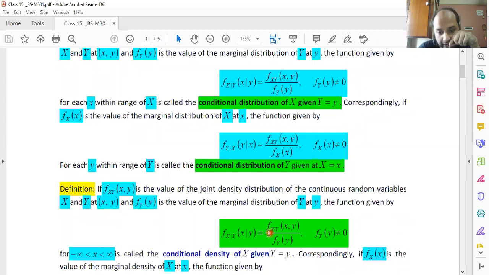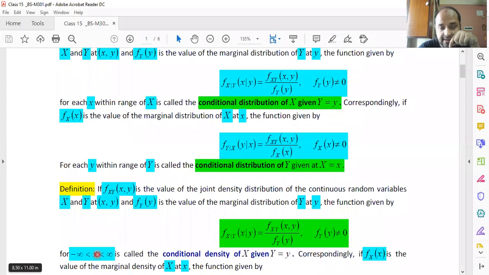But after that, I have mentioned that your small x has values from -infinity to +infinity. Small x's range is specified. Here, the small x has not been specified. Here, the small x is specified. When small x is not specified, I am calling this the conditional distribution of capital X given capital Y equal to small y.